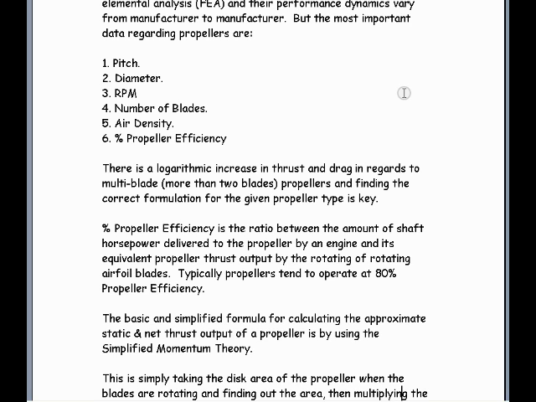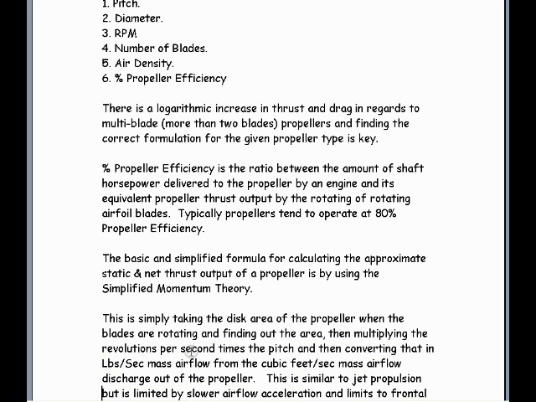The basic and simplified formula for calculating the approximate static and net thrust output of a propeller is by using the simplified momentum theory. This is simply taking the disk area of the propeller when the blades are rotating and finding out the area, then multiplying the revolutions per second times the pitch, and then converting that into pounds per second mass airflow from the cubic feet per second airflow discharge out of the propeller.